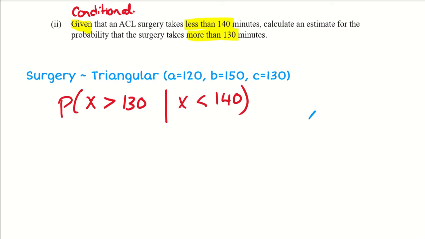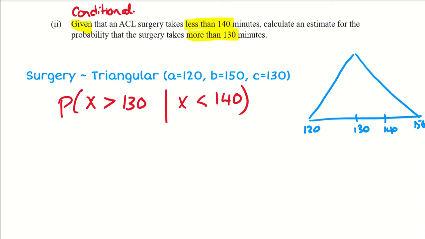And if I go to draw this distribution, 120, 130 and 150. So we've been told given that it takes less than 140, so I'm going to put my 140 on there and I'm just going to shade in everything below 140.